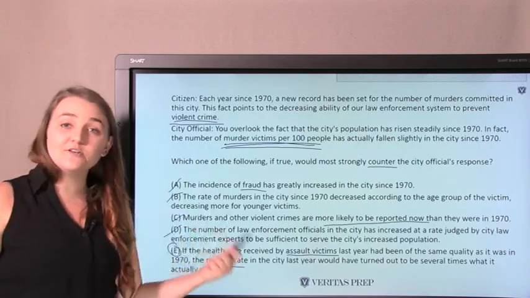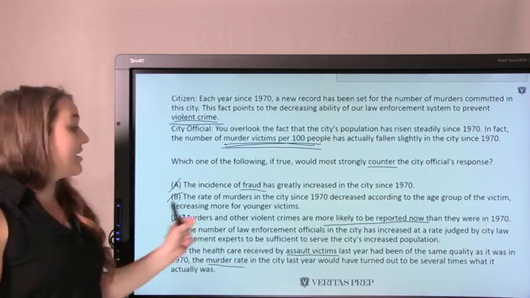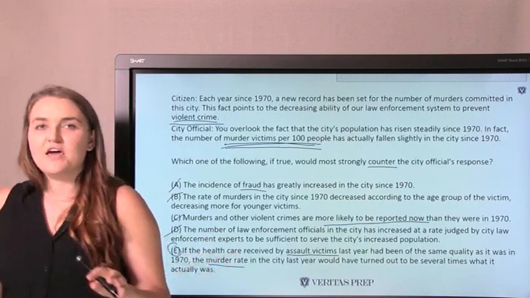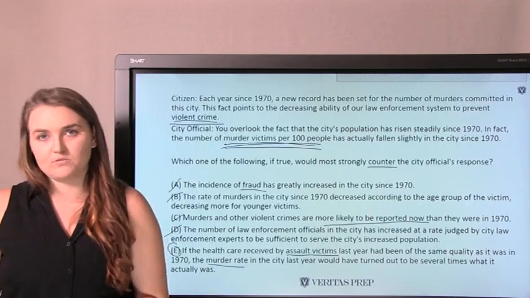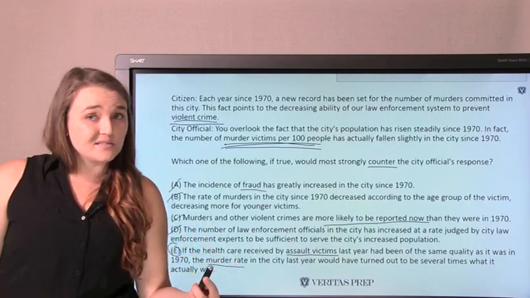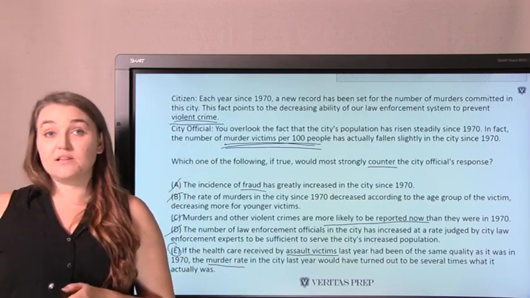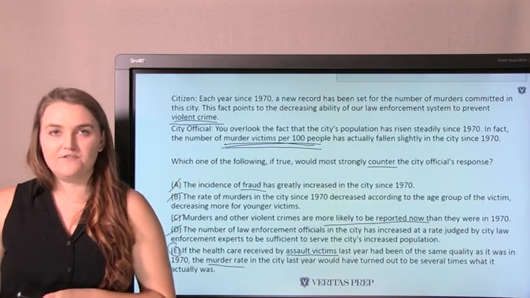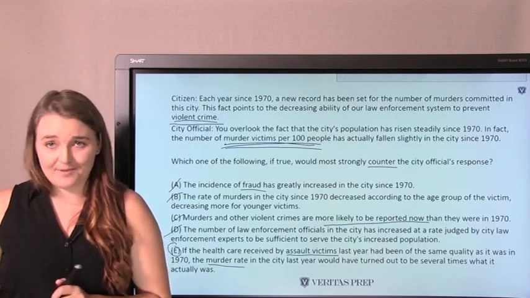So this strengthens the argument because it tells me that we're accounting for closer to everything. There's no possibility that we just appear to have a decline because we aren't catching or seeing people, right? It's telling us quite the opposite. We're addressing closer to all of these, and so it tells us that the city official is likely on the right track with this statistic, other than that notable flaw of murder statistics to respond to overall violent crime.